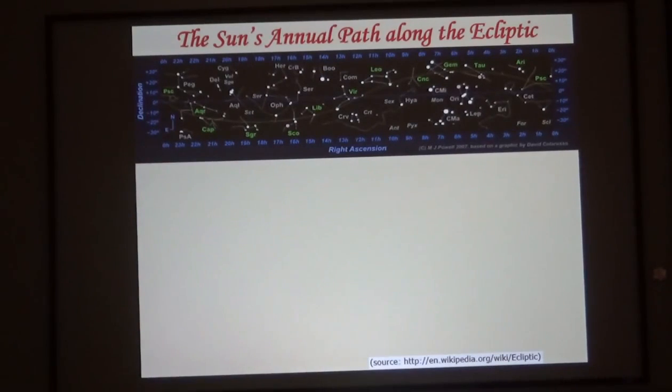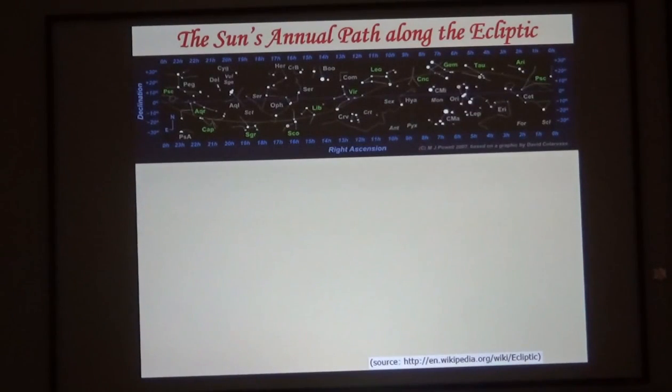Which means that, if you remember vector analysis in high school, if you've got something that's moving at a constant speed, let's say the orbit of the Earth was perfectly circular around the sun, then the apparent motion of our sun along the path like that would be at a constant speed.